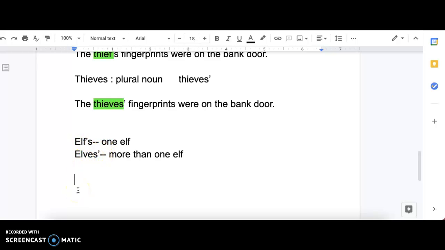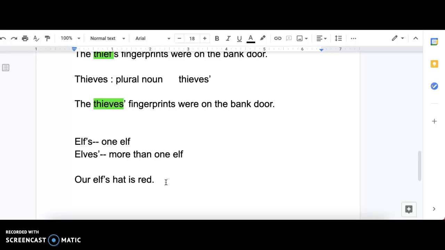Okay, so I'm going to give you my sentence. Our elf's hat is red. Okay, our elf's hat is red. How many elves do I have? I only have one elf. Our elf's hat is red. Okay? Now, in 3H, we've been sharing stories about our elves a lot, and Cora has 9 elves! 9!